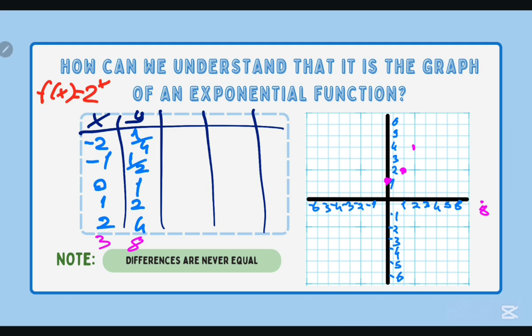No, it's not here. 3 and 8. If x is minus 1, it will be 1 over 2, so it's here. Then 1 over 4 here, and it goes smaller, smaller, smaller.